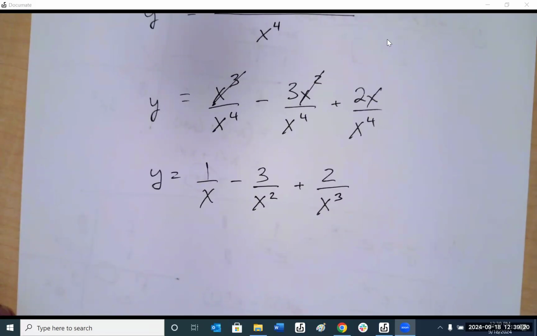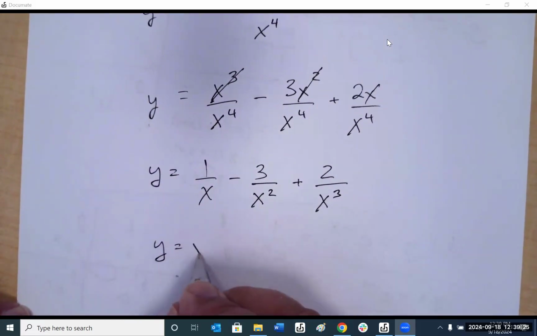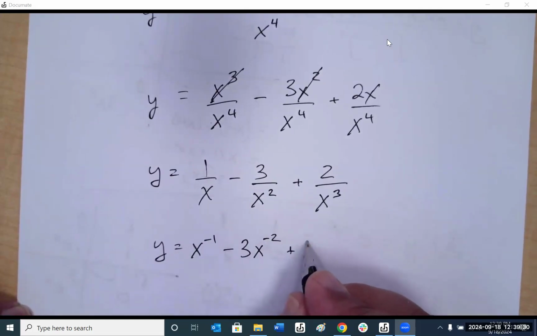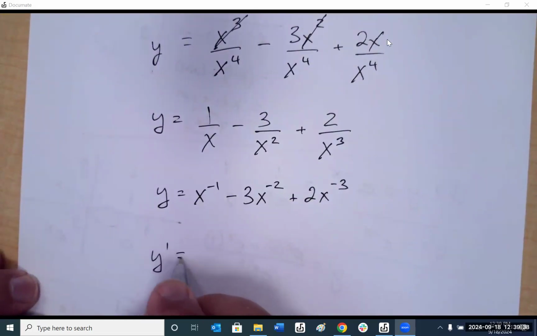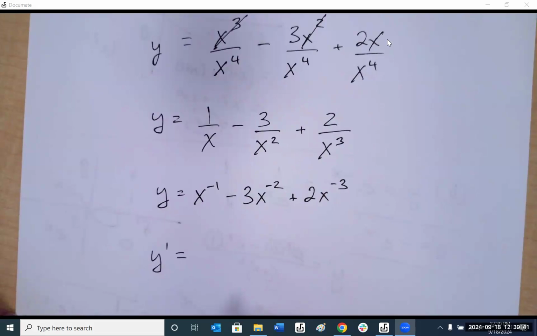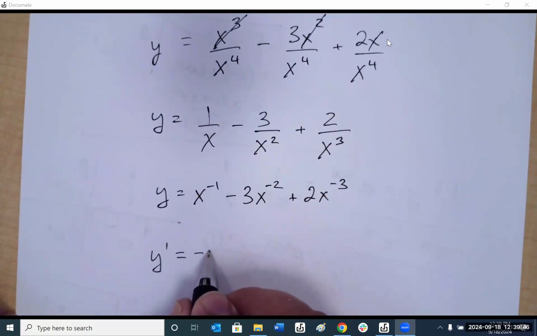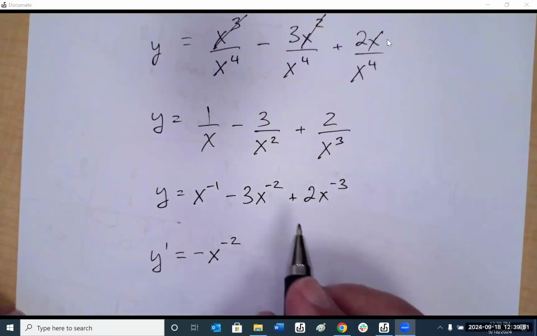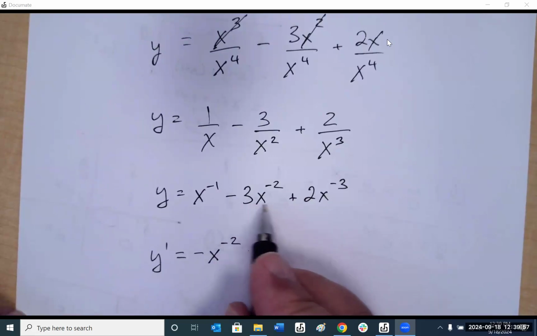Do we have to do the quotient rule? No. Because each of these are monomials. So the derivative of each one of these separately, derivative of the first one is negative 1 x to the power negative 2. What's the next one going to be?